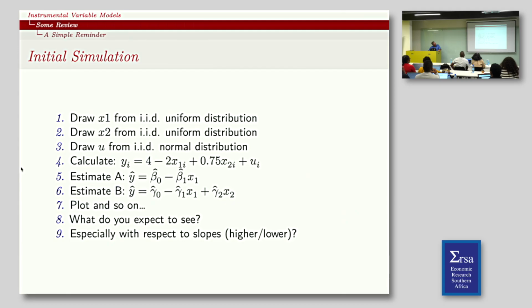I've estimated model A by ignoring x2. So I've created data based on this function. I've simulated x1, x2, and u, and I've got lots of observations. My y is calculated based on this, and I've run two regressions, one ignoring x2 and one not ignoring x2.